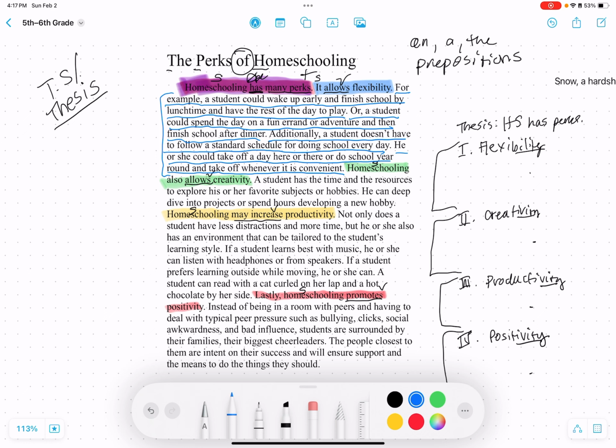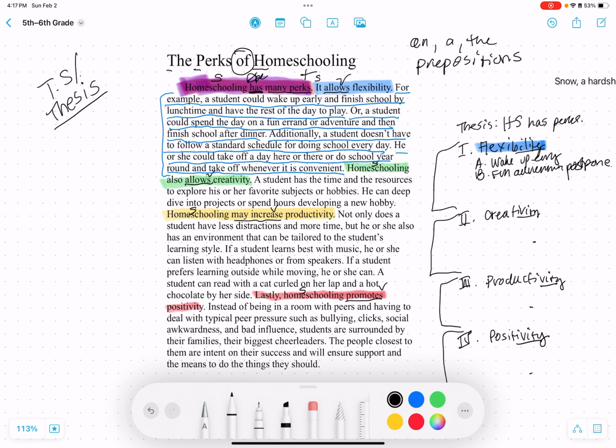Let's go to our next example, which, by the way, I should probably keep these matching, right? So if I were listing my outline again, I would have A, wake up early, B, fun adventure, postponing school.